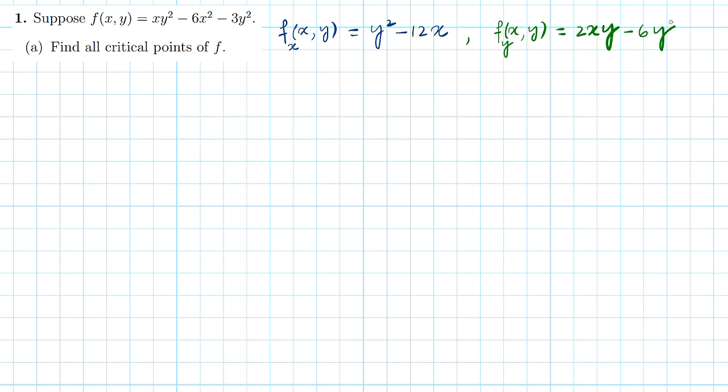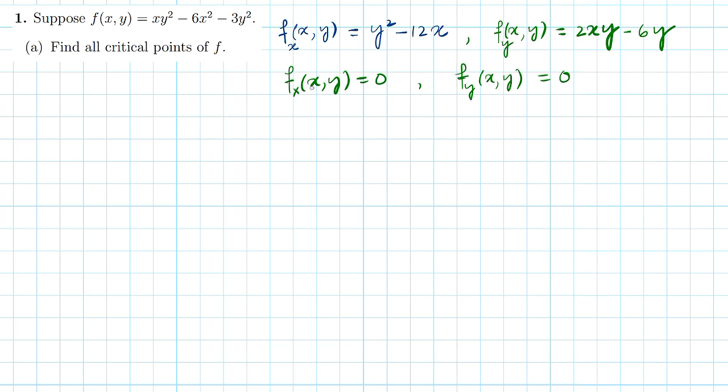Now we are going to set them equal to 0, that is f sub x of x y equals 0 and f sub y of x y equals 0.